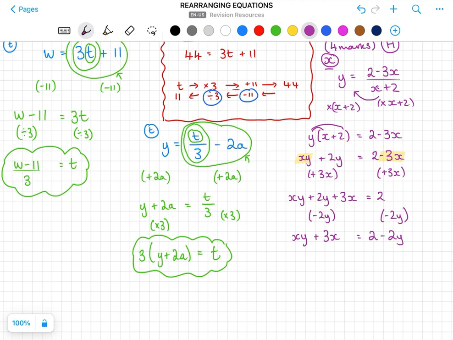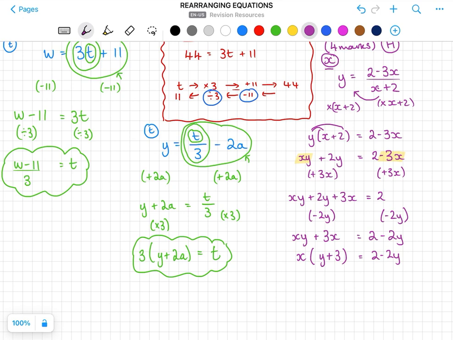Now this next step is where our factorising comes into it, because both of our xy and 3x on the left have an x in common, so we take that out as a common factor. And we do this so that now we've got our bracket of y plus 3.